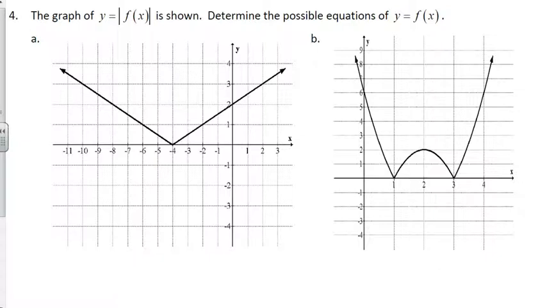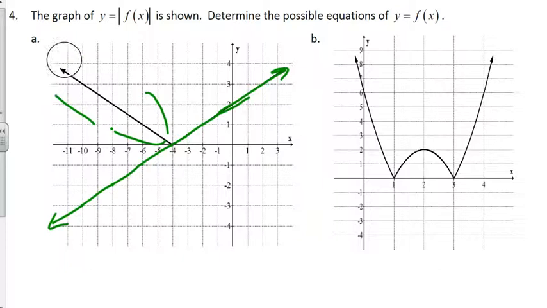Let's just say that this left branch of this was below. So I want some points. That's at 1, and that's a 2, and this is 3. Okay, so let's say we started with this green graph, and that was the original function f of x.